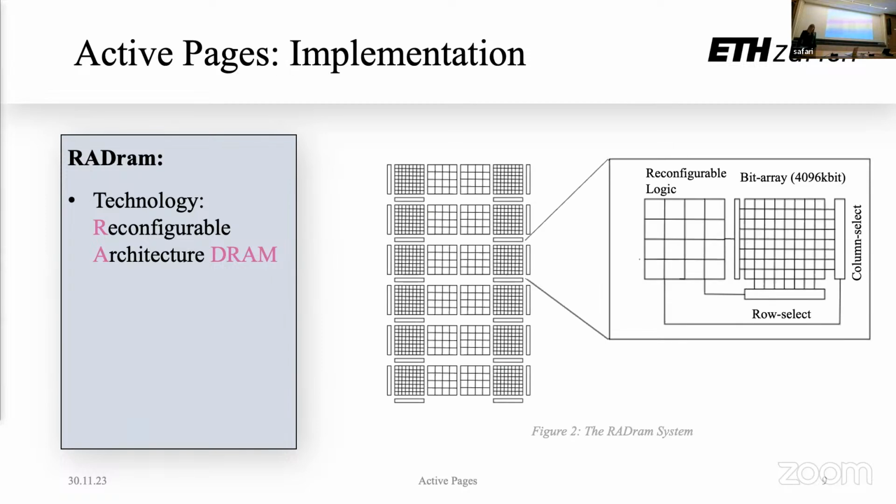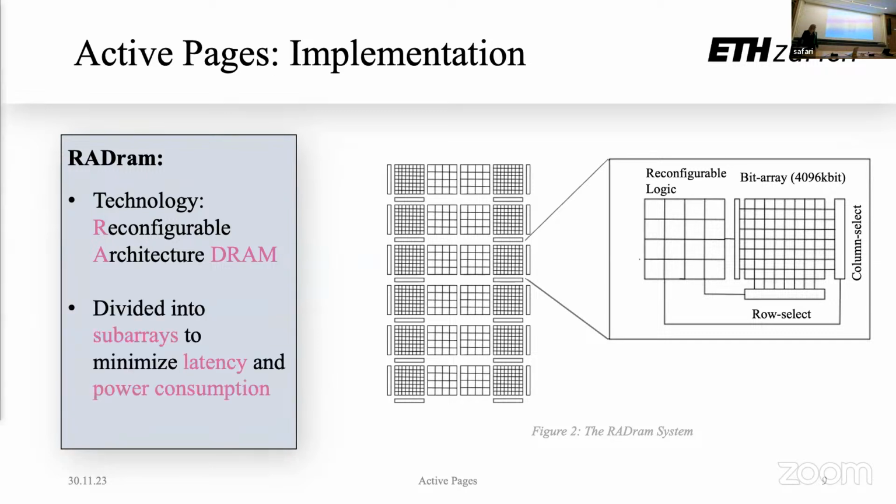An abstract figure of the RADRAM system can be seen on the right. As is depicted in the figure, the large DRAMs are divided into subarrays, each with its own address bits and decoders, and a block of logic associated to each subarray.